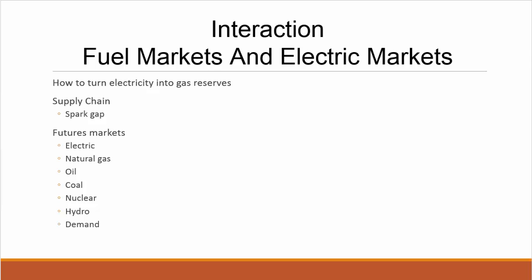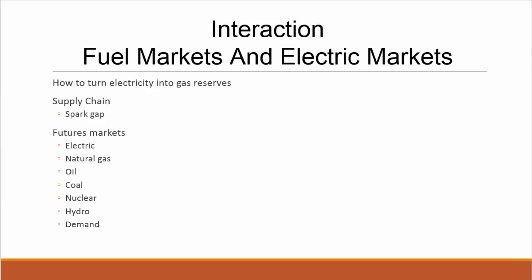One of the interesting things, of course, is the spark gap contract traded on exchanges. Since natural gas is a primary resource for electric energy, knowing the price of natural gas will determine what the price of electricity will be, especially when the natural gas units are the units that set the clearing price in the markets.